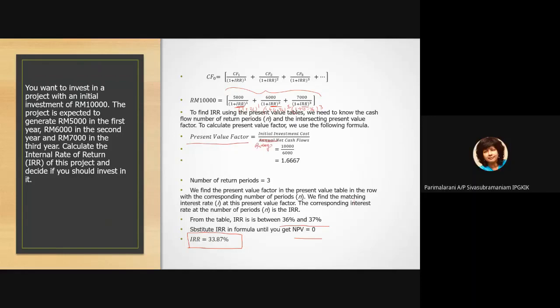Madam, why is the IRR not between 36% and 37%? Isn't it that with 36 and 37% we will get around the number? Oh, you're asking me why this answer is not in this range?